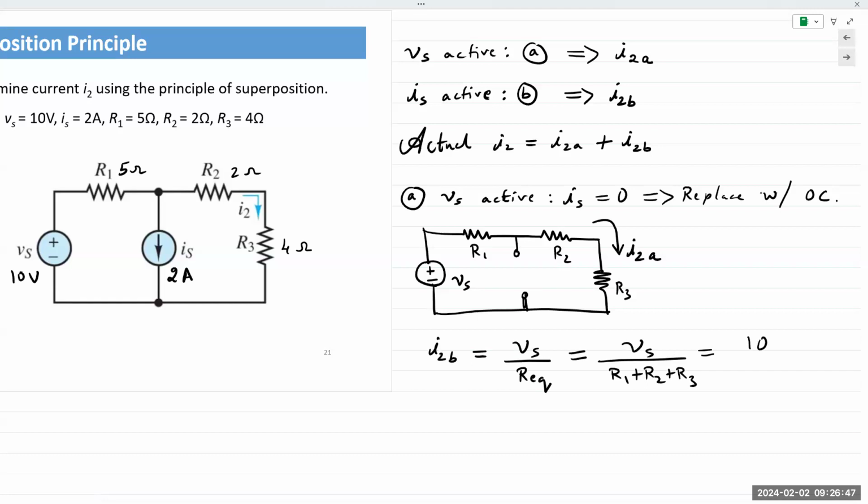Vs is 10. R1 plus R2 plus R3 is 5, 2, 7, 4, 11. And therefore, I2B is 0.909 amps.